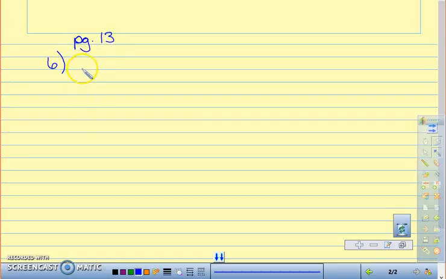The question is, write 4 times 10 to the 4th plus 6 times 10 to the 2nd power in standard form. So first things first, we always start with the parentheses.